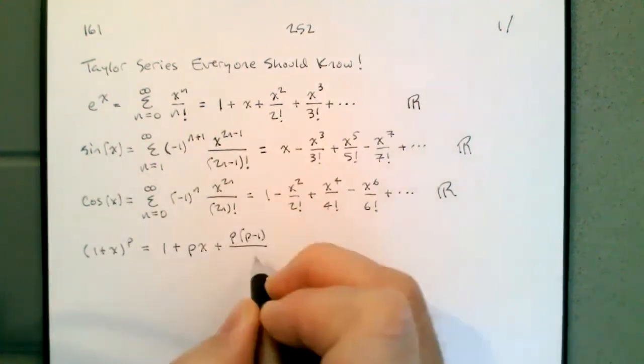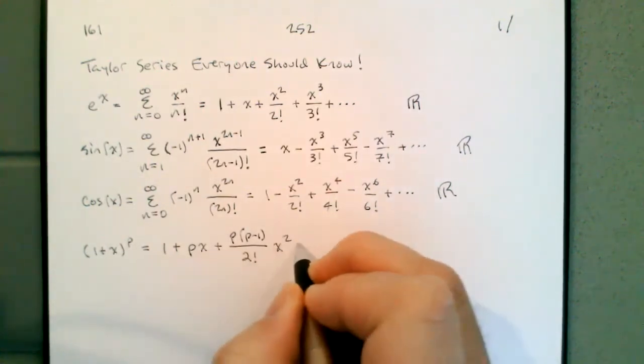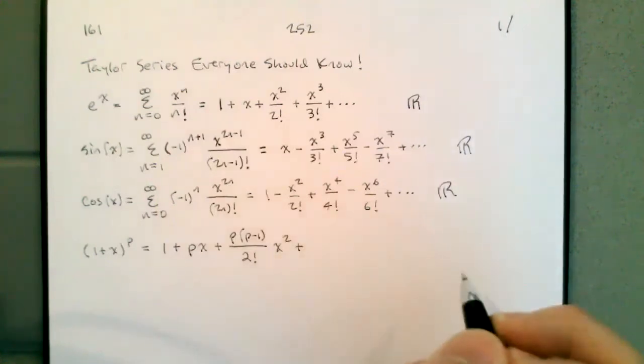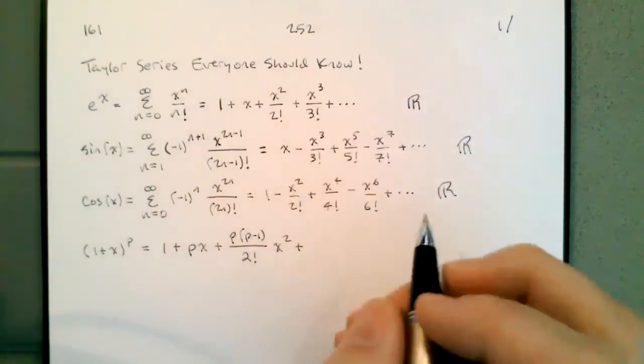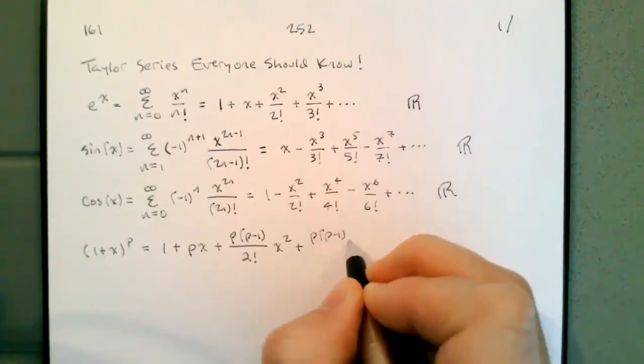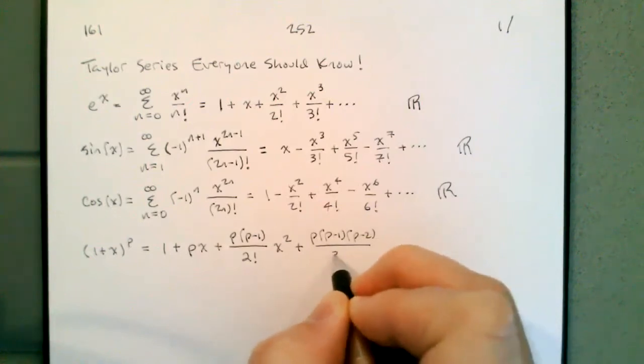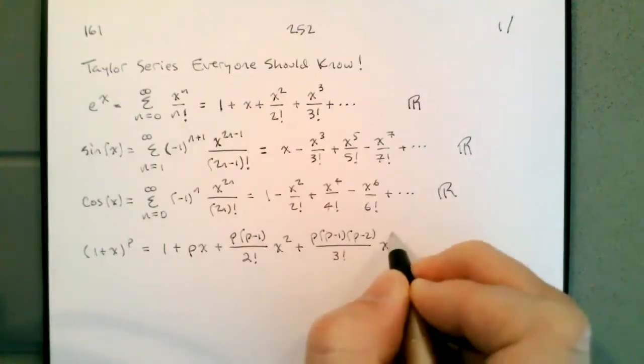So we got p times p minus 1 over 2 factorial, x squared. Then for the cube, we write 3 factors of p factorial. So p times p minus 1 times p minus 2 over 3 factorial, x cubed.